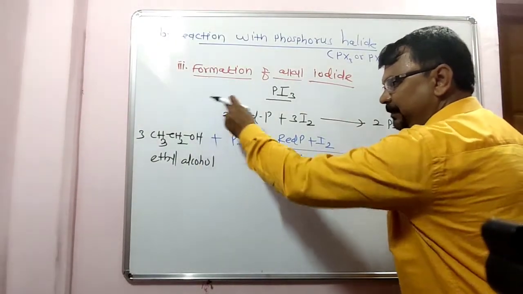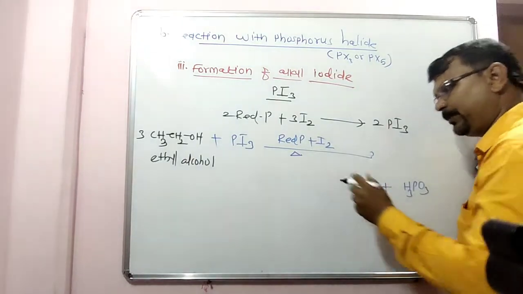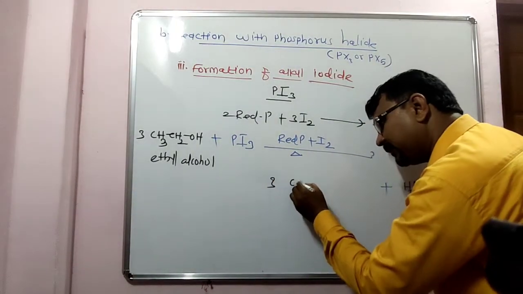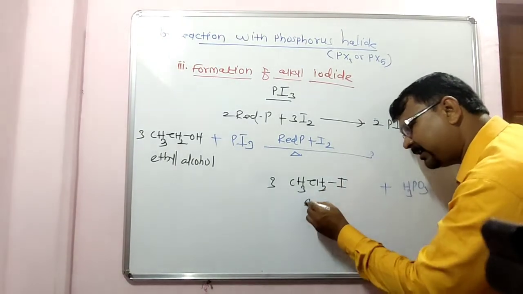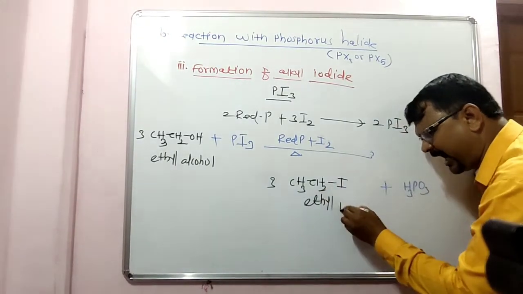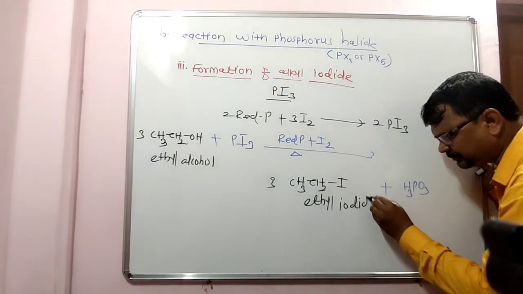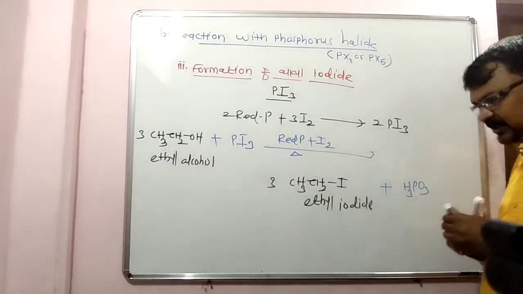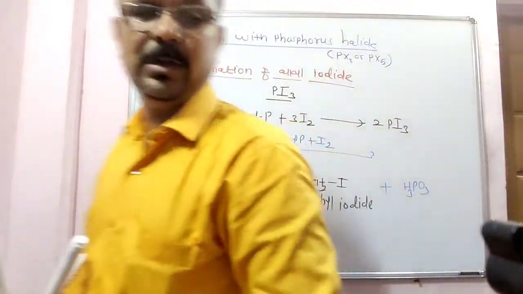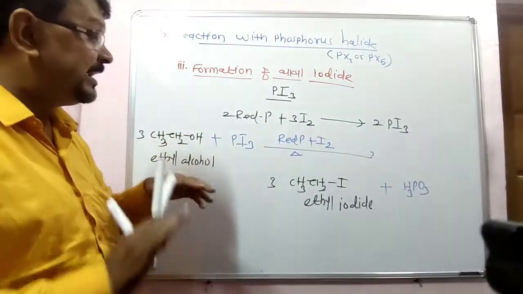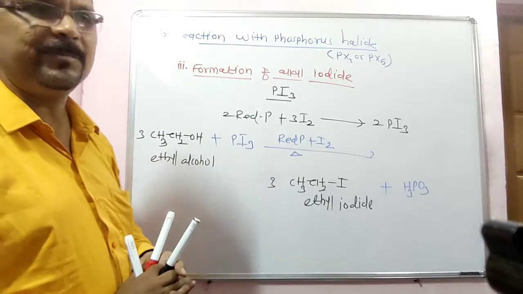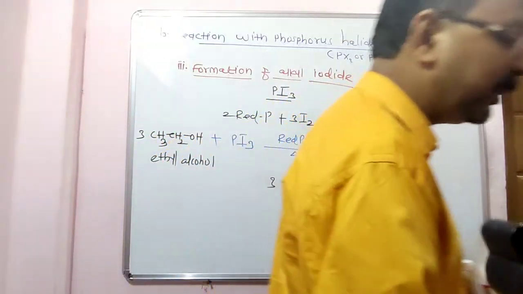Why? The OH minus is replaced by the I minus. Product: thrice CH3, CH2, I. Name of the compound: ethyl iodide. Explanation: when ethyl alcohol is heated with phosphorus triiodide, it gives ethyl iodide.